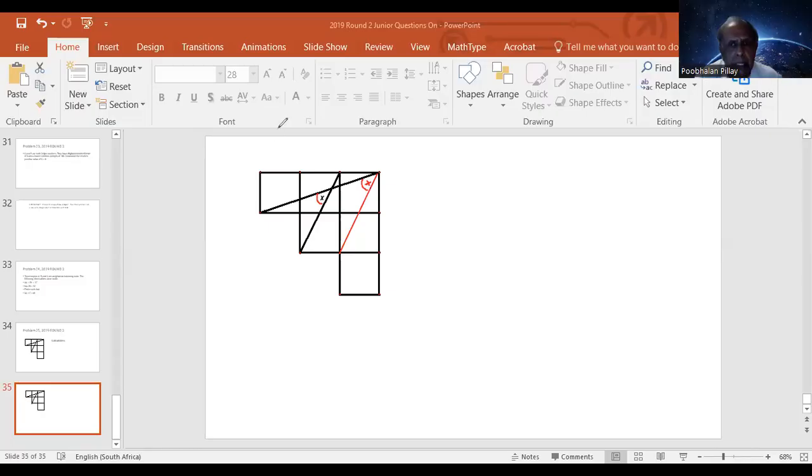And to complete this, this is where the ingenuity comes in. What you have to do is draw a line down here and extend this line.